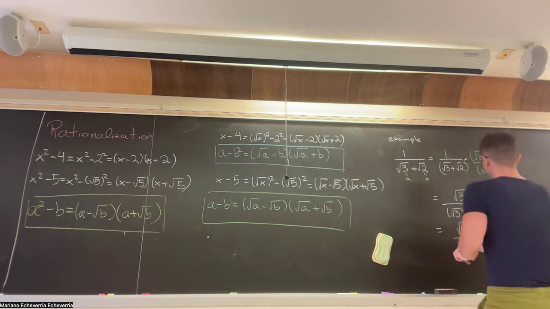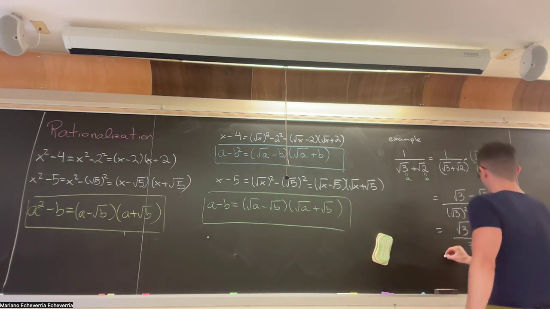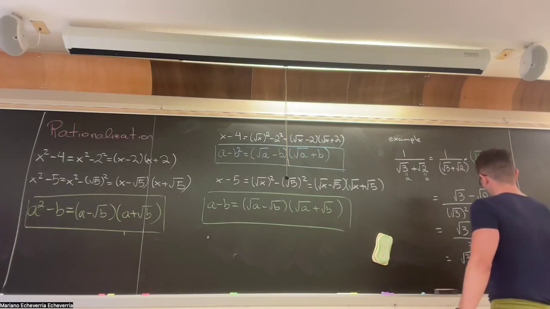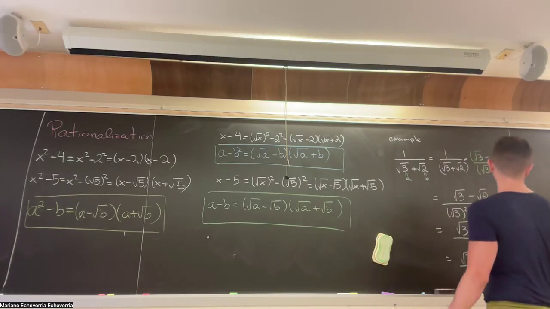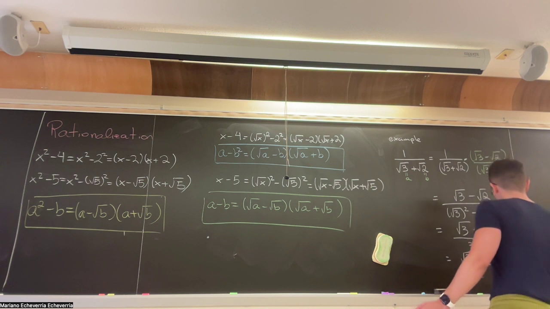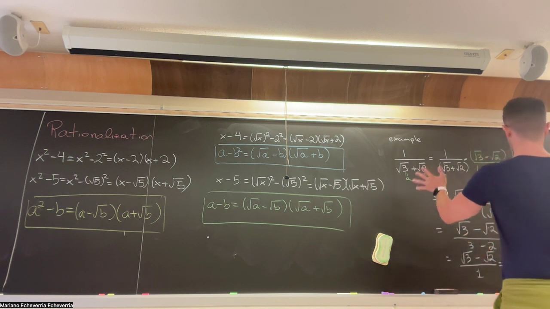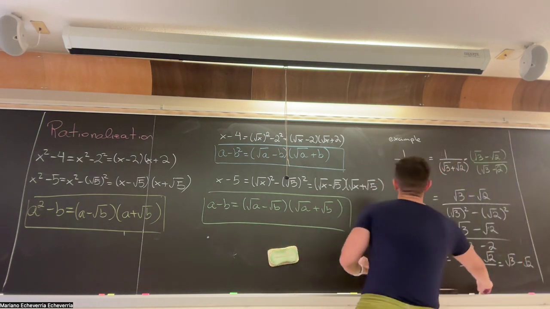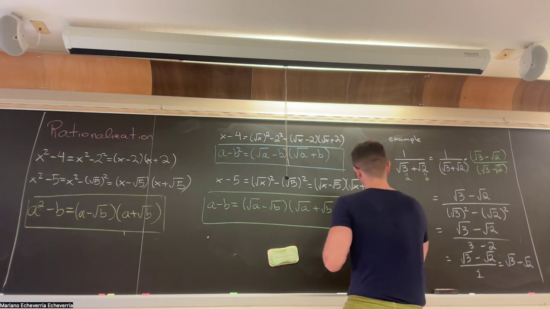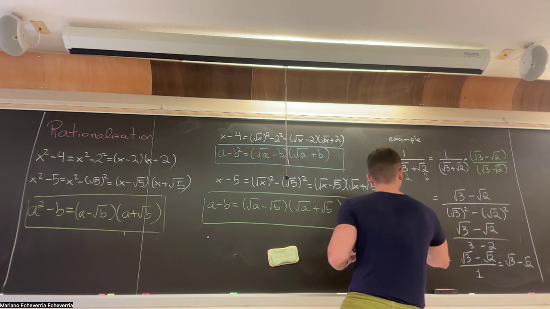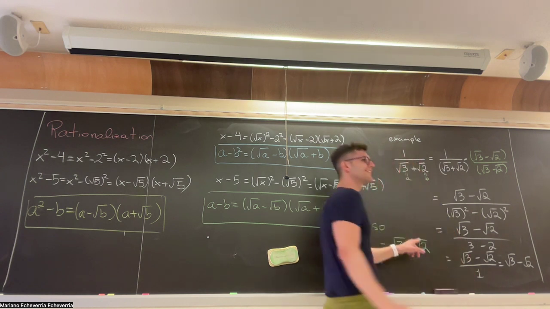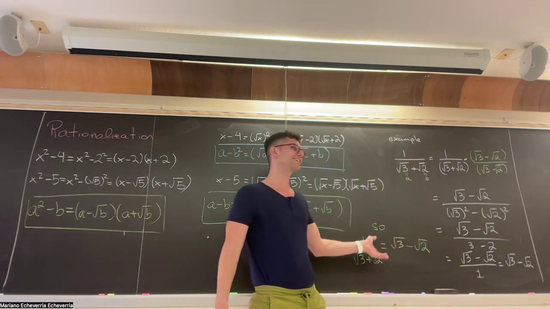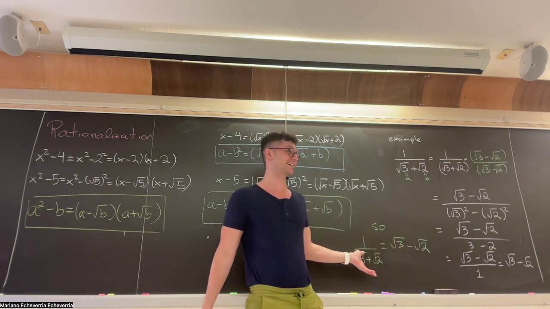So this is 3 minus 2, and 3 minus 2 is just 1. So what you end up finding is that 1 over root of 3 plus root of 2 is root of 3 minus root of 2, which is highly not obvious, right? It's kind of surprising that this is actually the case.